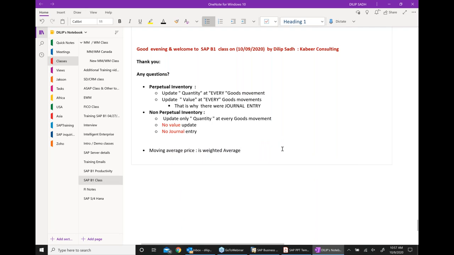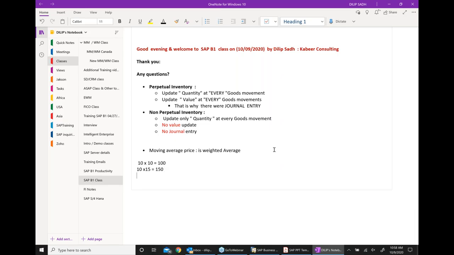Now what does weighted average mean? Let us say I purchase 10 items at the cost of 10 rupees per piece. What is my total value? 100. Then I purchase another 10 pieces at the price of 15. So what is the inventory value? 150.